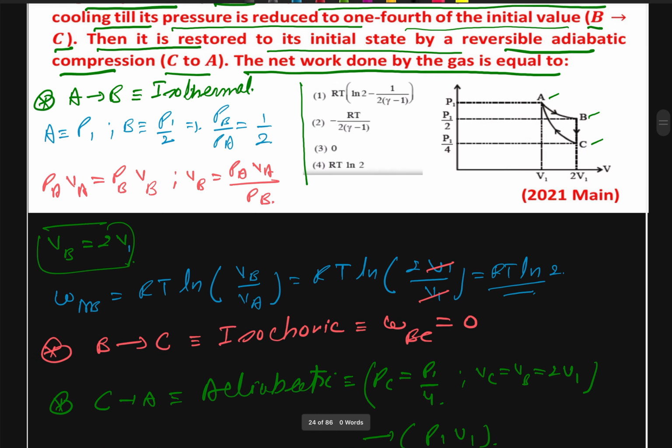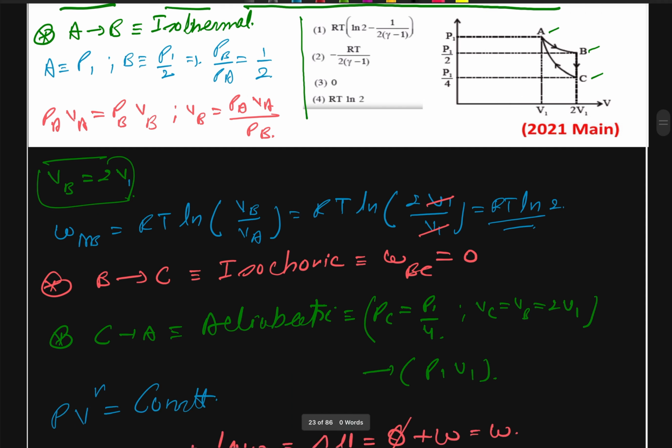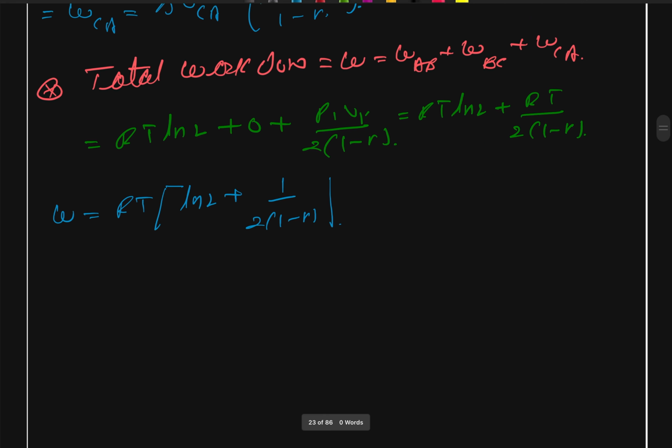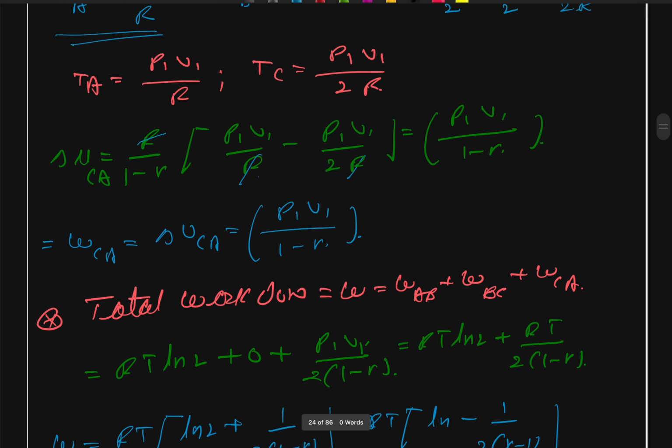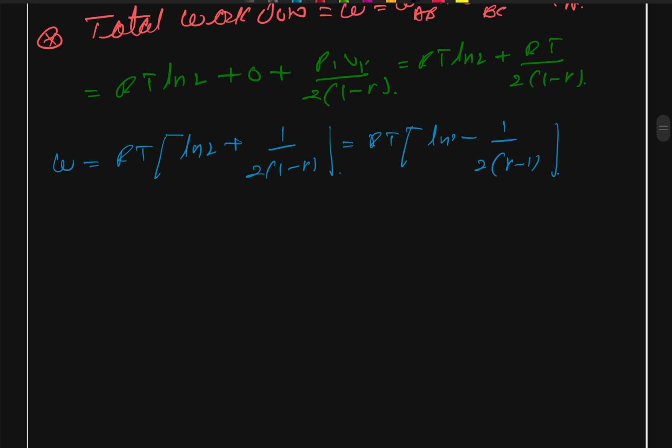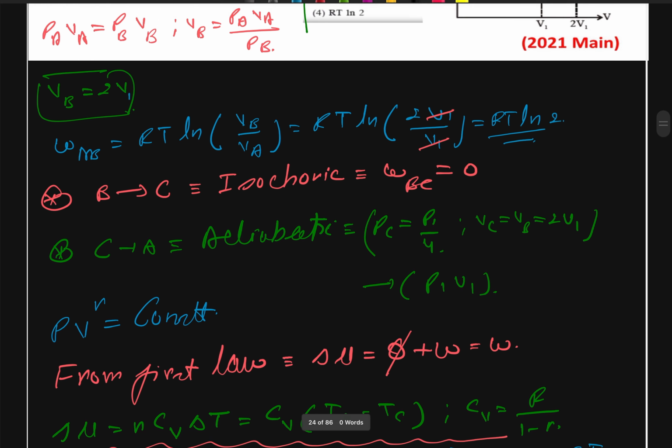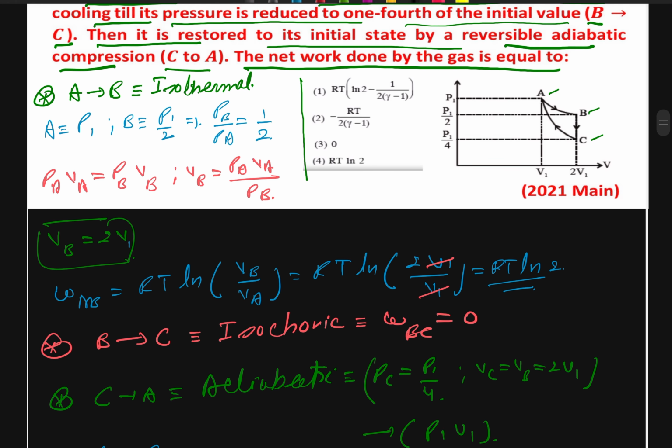And okay, it is written gamma minus 1, so we can simply change it. So we get RT natural log of 2 minus 1 upon 2 times gamma minus 1. So we have natural log of 2, gamma minus 1, RT is common, option 1 is correct.